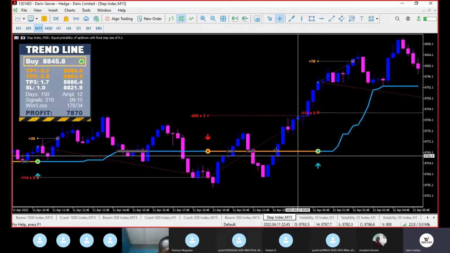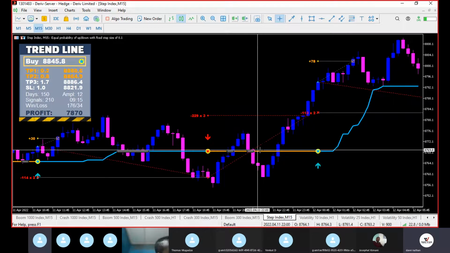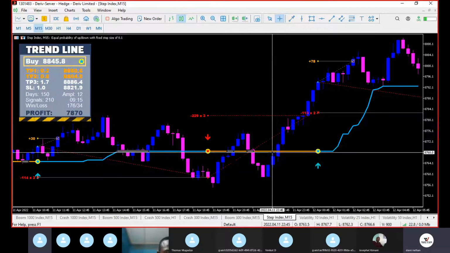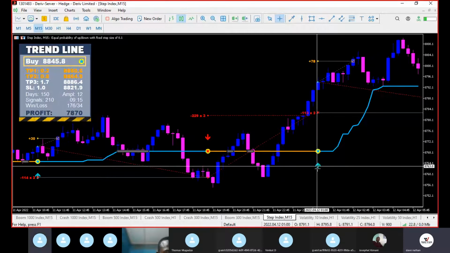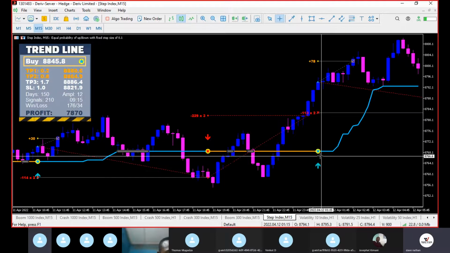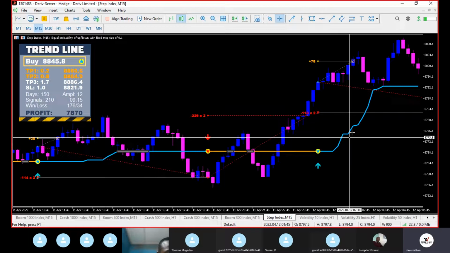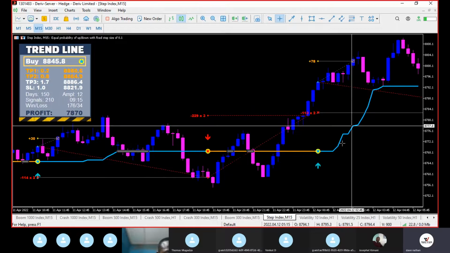So another thing about the indicator which you need to understand is this. If we zoom in closely, it has three colors. We have the yellow indicating a bearish sentiment, and most times whenever the arrow does appear, it's an indication for a buy, which comes with that blue color.